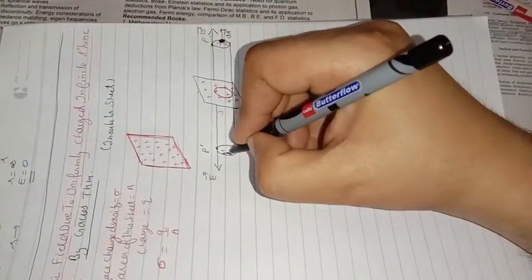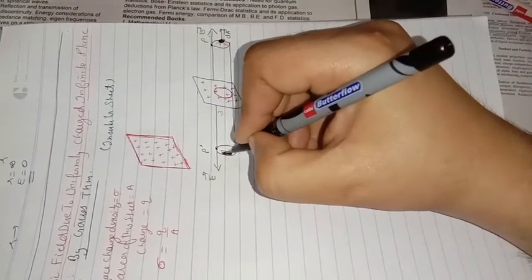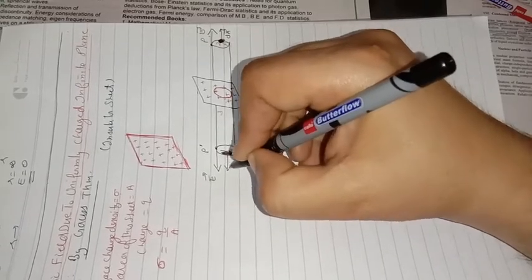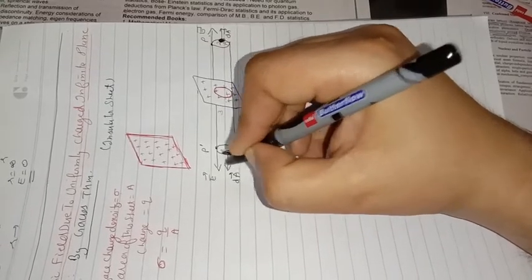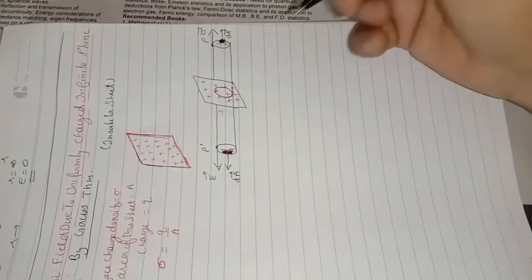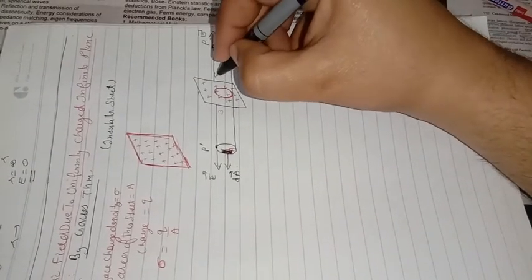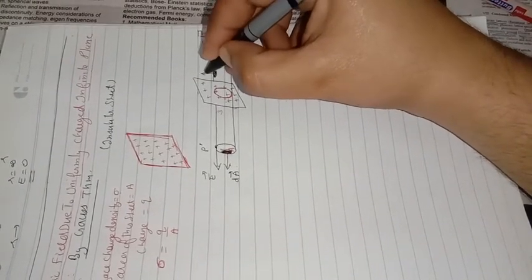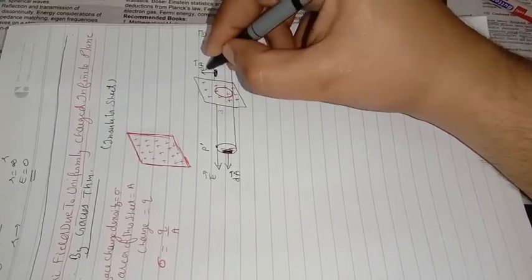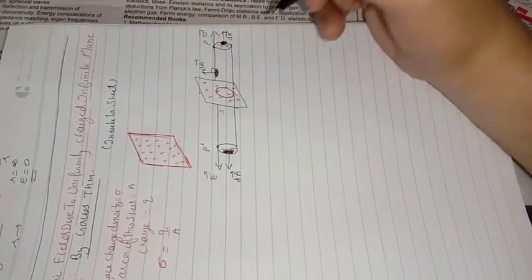Similarly, an area element constructed on the first flat end also points in the direction of the electric field. But when this is considered on the curved surface, it is perpendicular to the electric field.